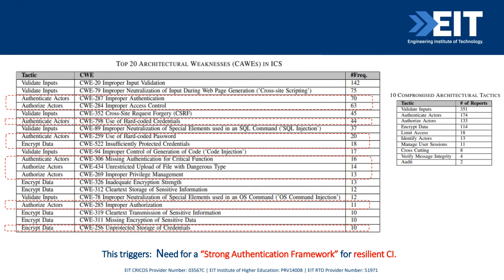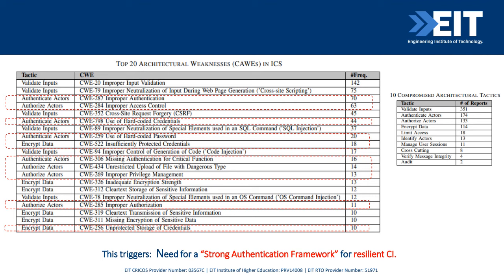So, architectural weaknesses in ICS. I wouldn't go into the finer details here, but if you look at it very carefully in the slide, these are common vulnerabilities and exploits published on the internet against industrial control systems. If you see the frequency of occurrence, improper authentication and improper access control, like usernames and passwords not validated correctly, or a baseline user operating like a manager, these are pretty high.